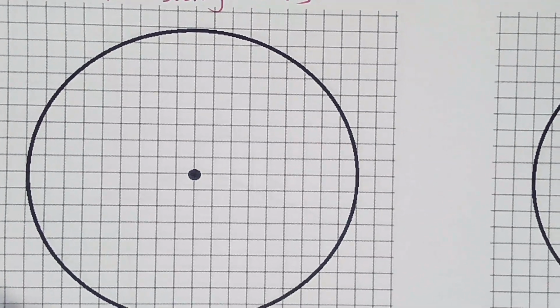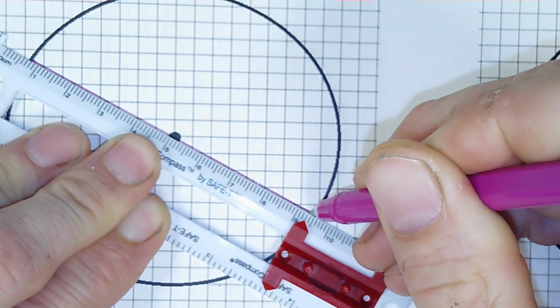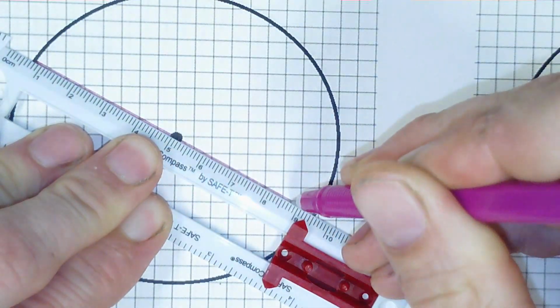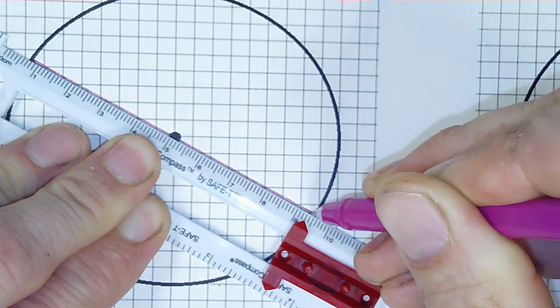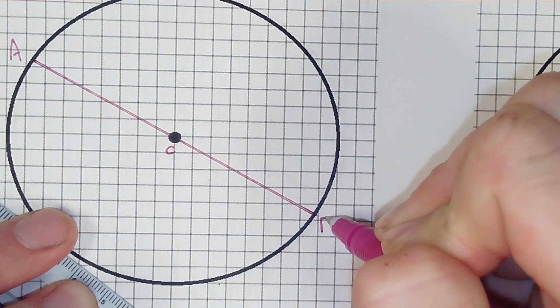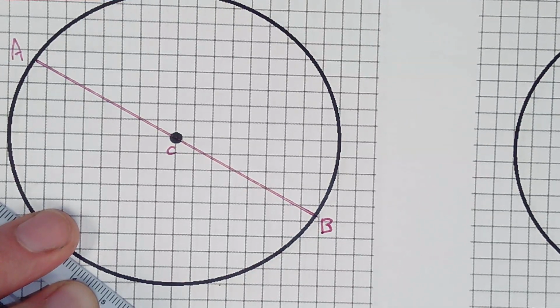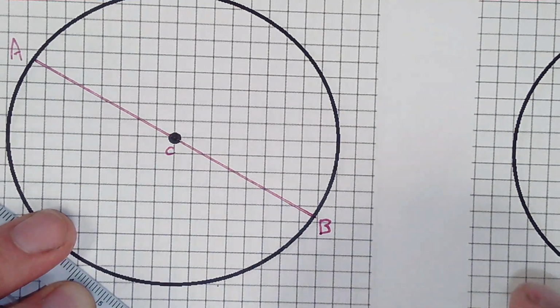If I have a circle, and one of the chords is a diameter, we'll say it's AB at circle C. If the diameter of a circle is perpendicular to the chord, then the diameter bisects the chord. Okay, so what does that mean?